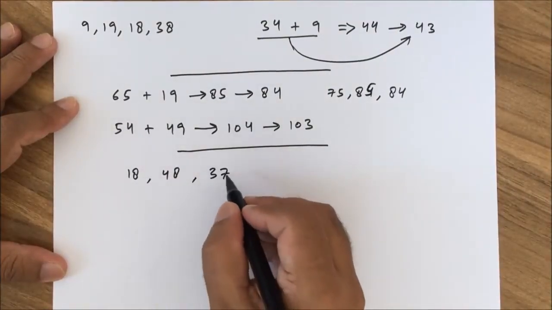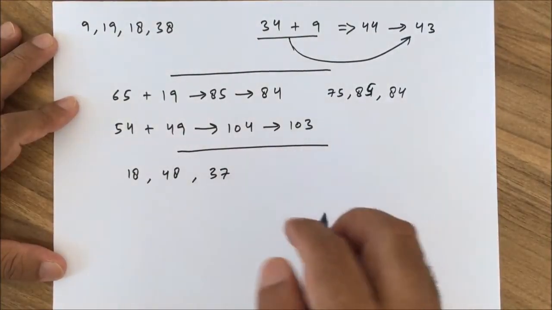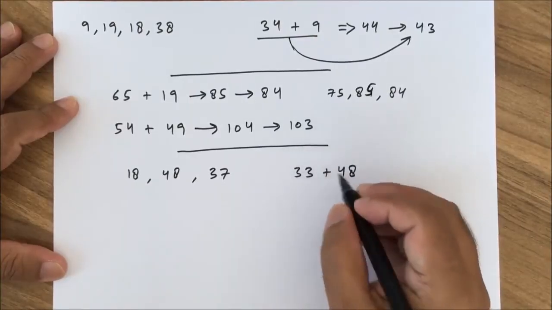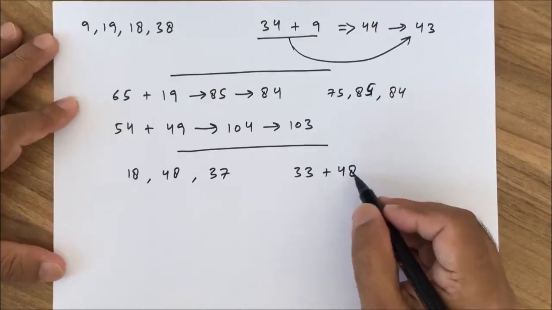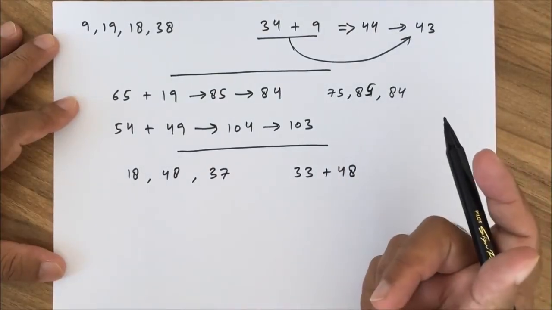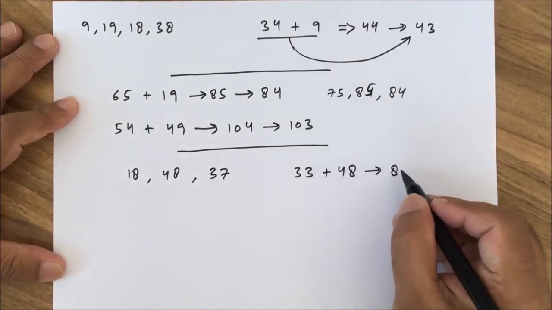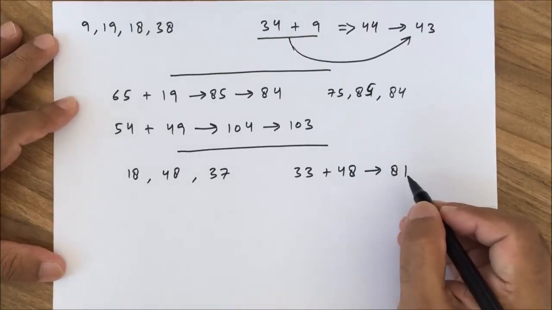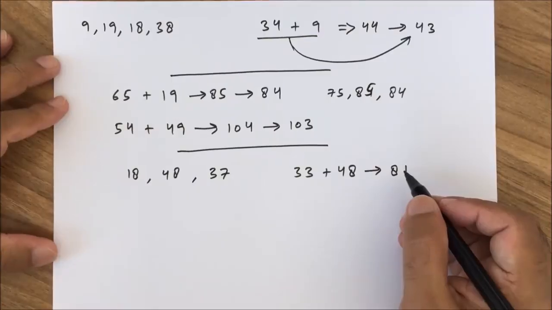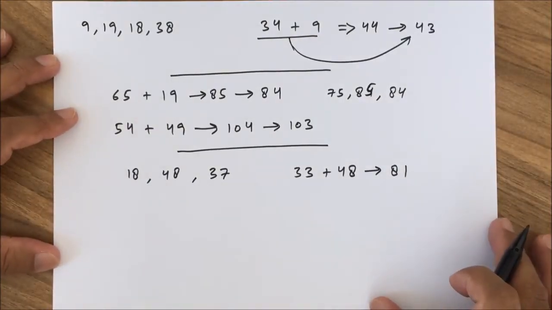If it is 37, jump 4 times, you have added 40 and then take away 3. Let's say you want to do 33 plus 48. You have to jump 5 times. This is 33, 43, 53, 63, 73 and 83, and then take away 2, so it will become 81. 2 taken away from 83 will give you 81. That's your final answer.